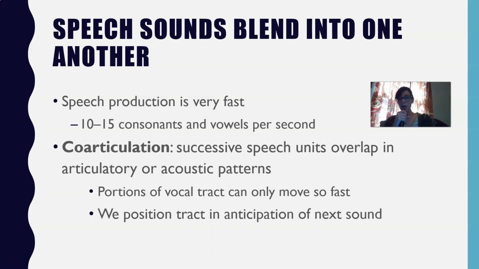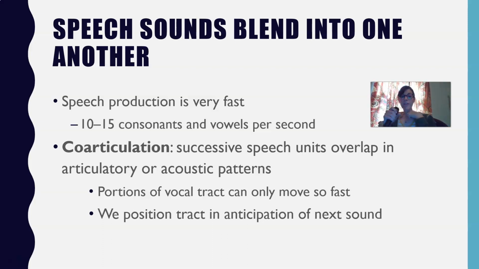Now, when you think about how much we're producing in a very short time, one of the things that ends up happening is what is known as coarticulation. These different speech sounds overlap in the acoustic pattern. So what this means, for example, is that the B that we pronounce in bill is different from the B that we pronounce in ball.